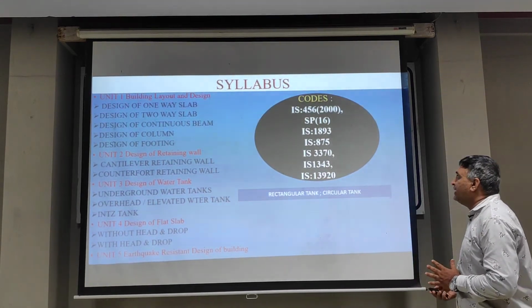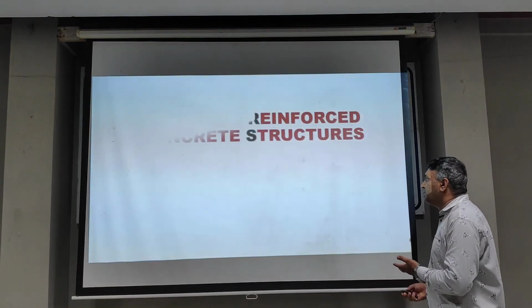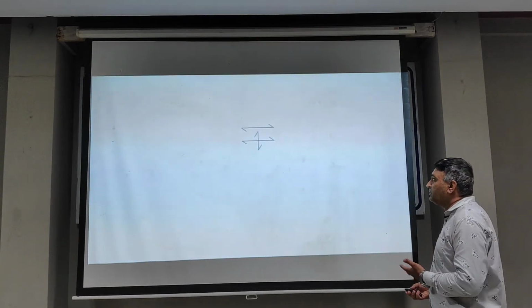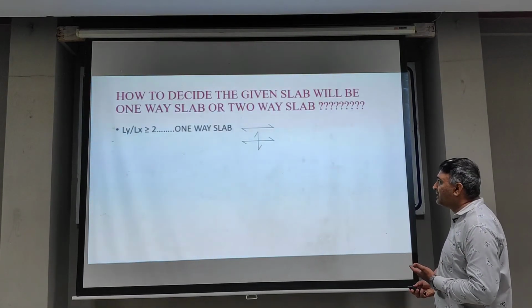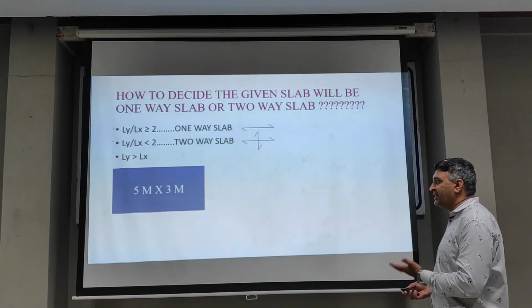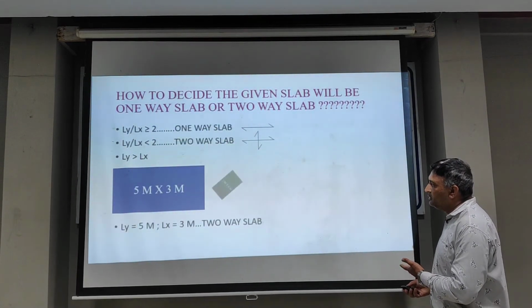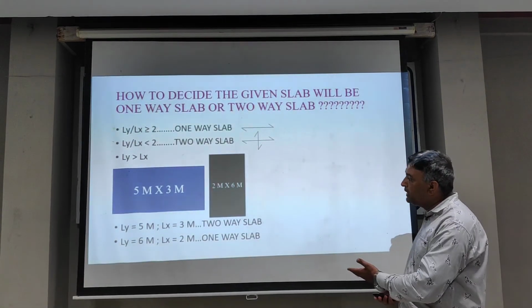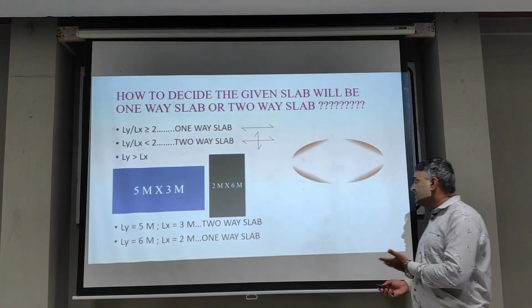From that I started the first unit. The unit name is the introduction, that is, building layout and design. From that, what is a one-way slab and what is a two-way slab, and for that I already gave you two examples; you can understand both. This is the theory which is available in your ESD also, and this is the shortcut method.